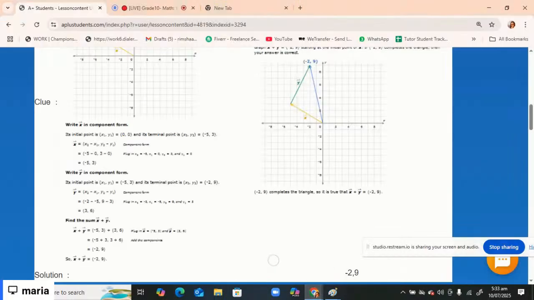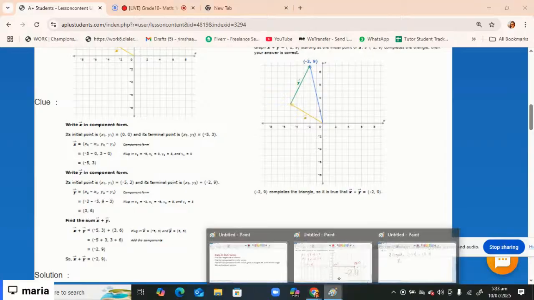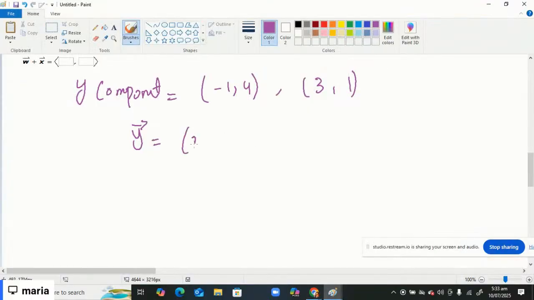This is the same for the y component: x2 minus x1, y2 minus y1.